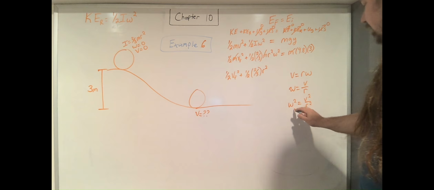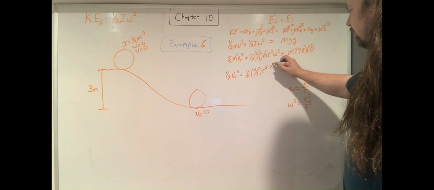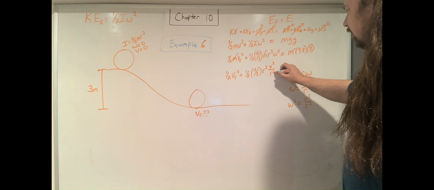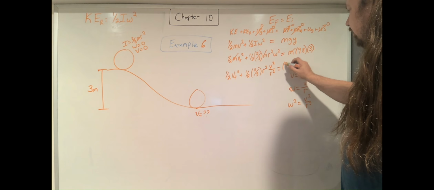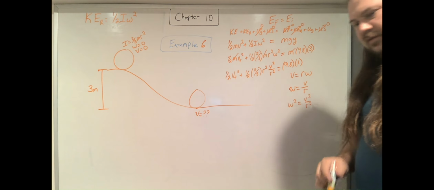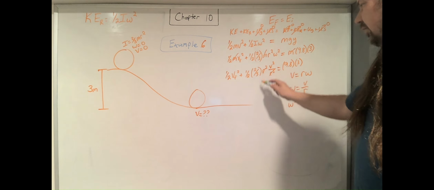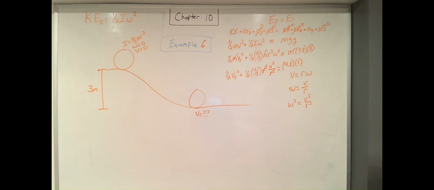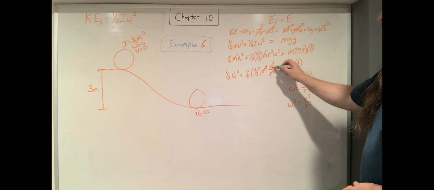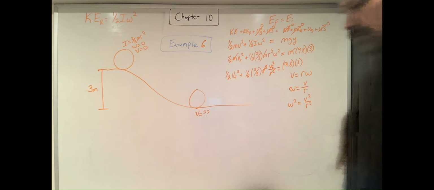And then I'm going to take this omega and change it out for this, which is v squared over r squared, equals 9.8 times 3. That got me a little better because now my r squared and r squared can cancel, and I'm just left with v finals. All right, now we're getting somewhere. Now the only thing left here is our v finals.